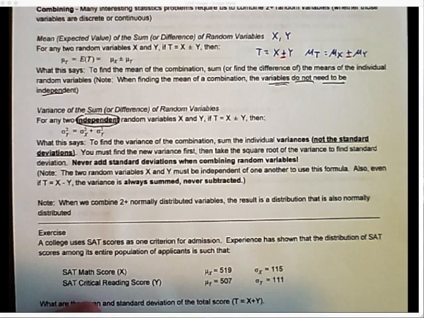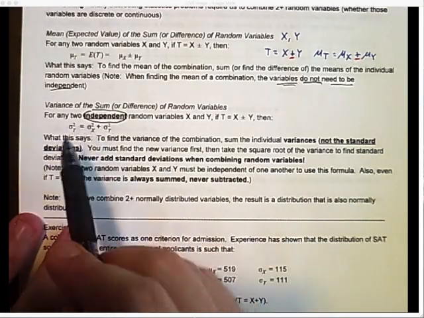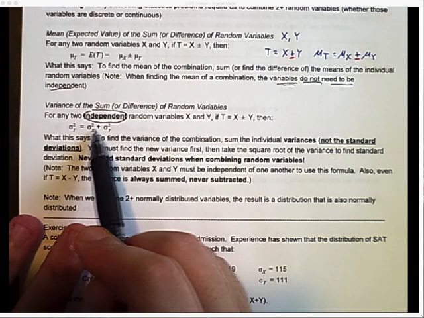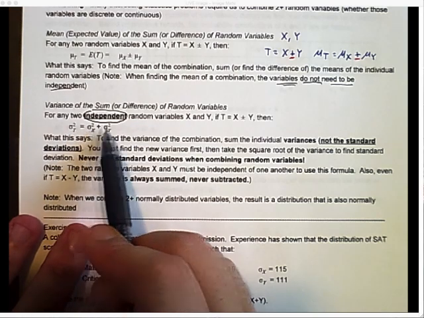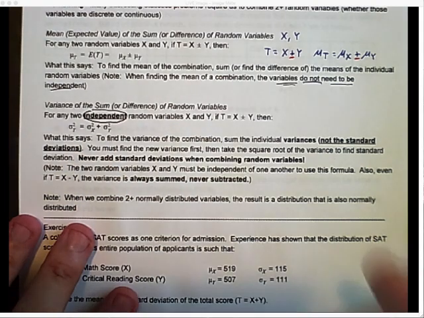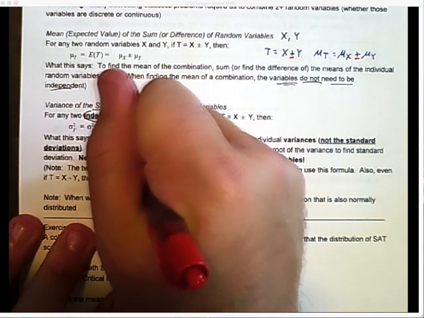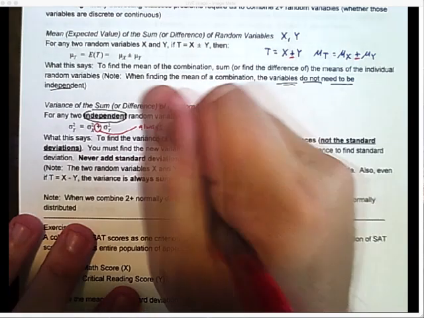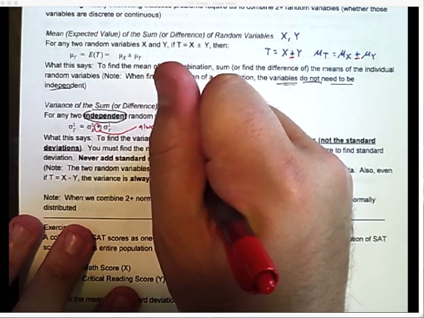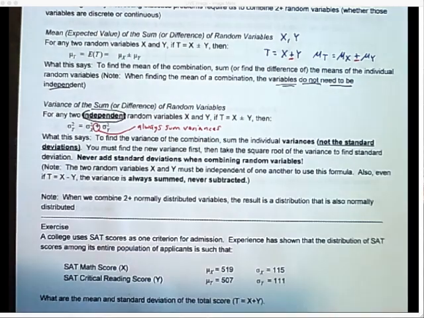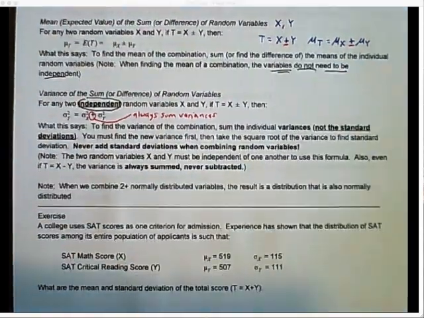What this says is to find the combined variance, you have to add the individual variances. This is always a plus. See this sign? It's always a plus. You never subtract variances. You always sum variances. So you add variances.